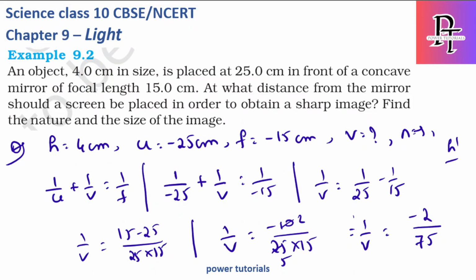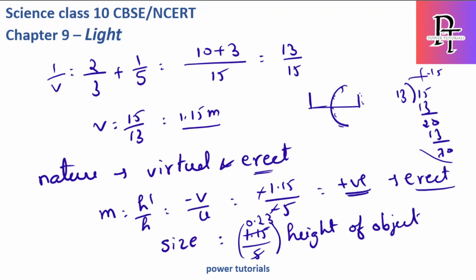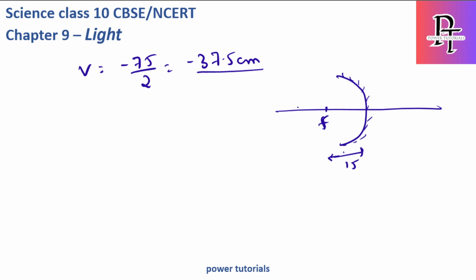U is 25. So this is 15, and somewhere here is c, which is 30. So u is placed here, and this value is 25. Now at which point did we get the image created? 37.5. Somewhere here we got the image. So this will be the image, and it is minus 37.5.